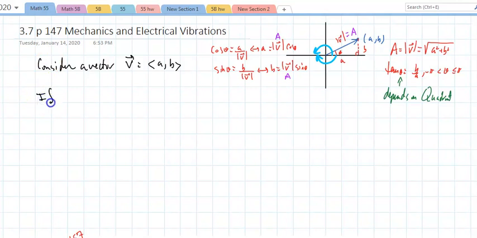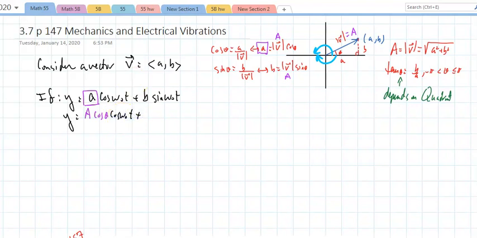If I claim that y equals A the cosine of omega naught t plus B the sine of omega naught t, y would equal, well, this A right here is really A the cosine of theta, cosine of omega naught t, plus, and this B right here, that would be A, remember we called A for magnitude of V, sine of theta, the sine of omega naught t.